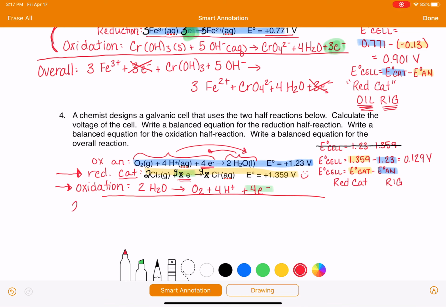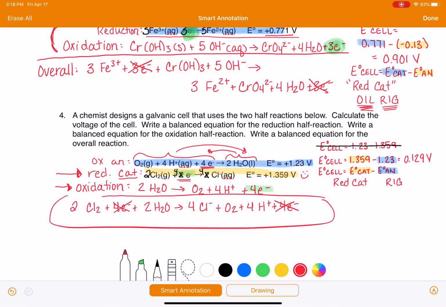Now we're ready to combine: 2 Cl2 plus 4 electrons plus 2 H2O makes 4 Cl minus plus O2 plus 4 H plus and 4 electrons, and we can cancel out our electrons but nothing else, and this is our overall reaction.